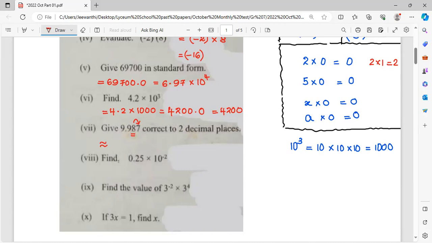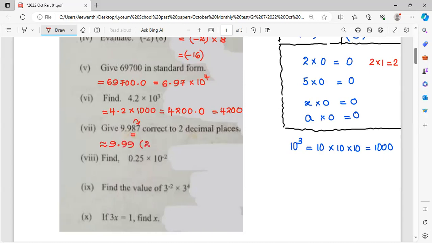And then the second decimal place is 8. And the neighbor number, the next number, is 7, which is more than 5. So then I want to add 1. Where I want to add 1, children? To the second decimal place, right? So then here I write 9.99.